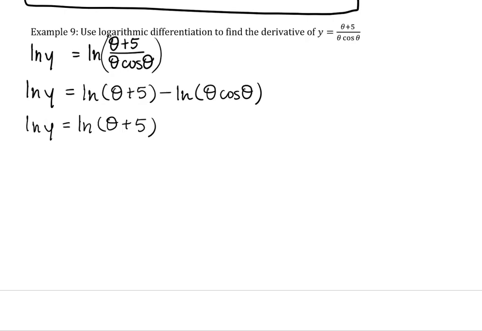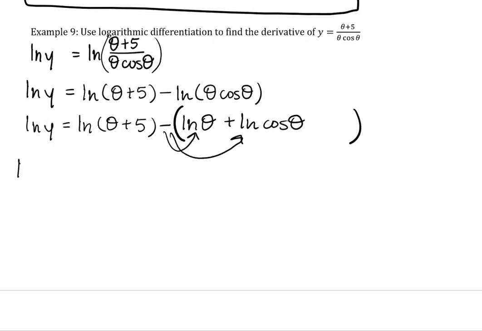Continuing. We do have a product on the inside of this logarithm. Please make sure you are using parentheses right here. The product rule tells you that you can separate these two by adding natural log of the two separate factors. And the reason I say please make sure that you're using parentheses is because you will need to distribute that negative to both of those terms there.